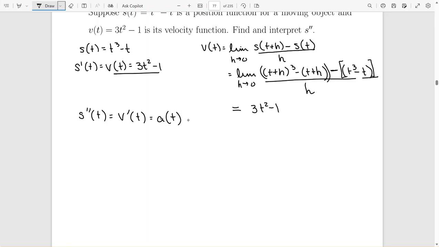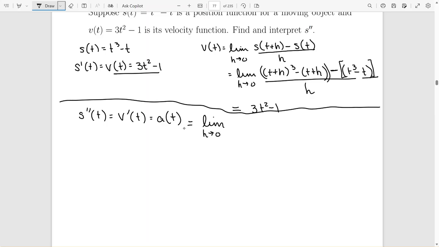All right, so this is equal to the limit as h approaches 0 of, now we're going to go into this formula, v of t plus h minus v of t divided by h.